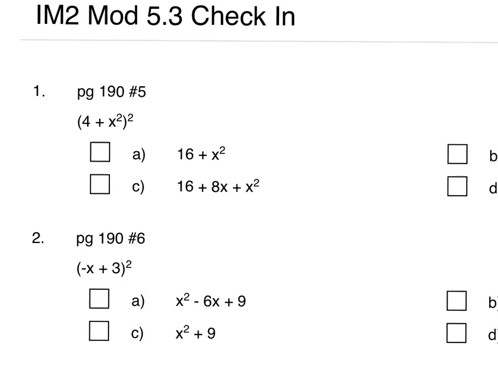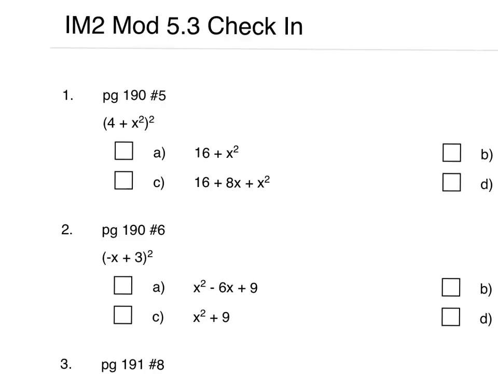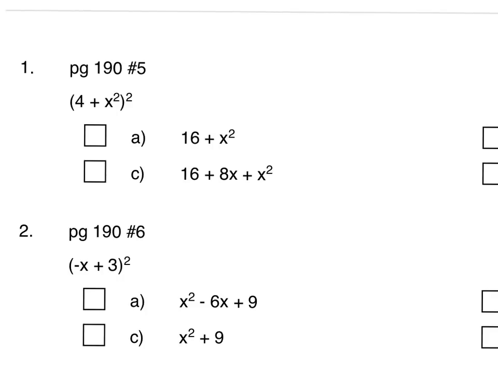All right, so first one, you guys did a good job of dealing with it because we have that other x squared in there. Doesn't matter what we have inside our parentheses, we are going to rewrite it. So I have 4 plus x squared times 4 plus x squared.